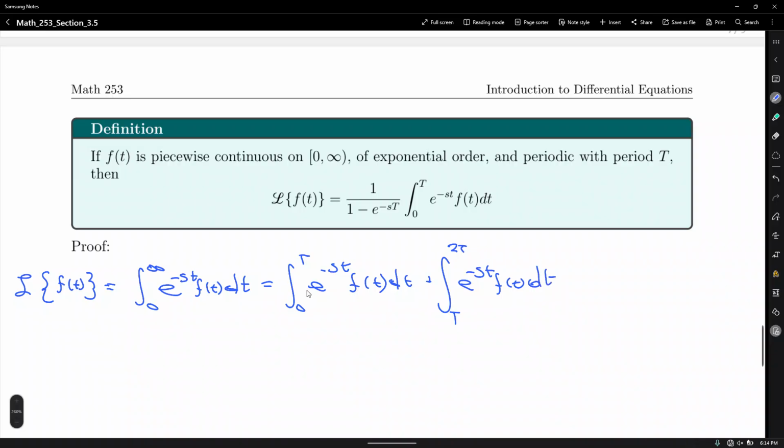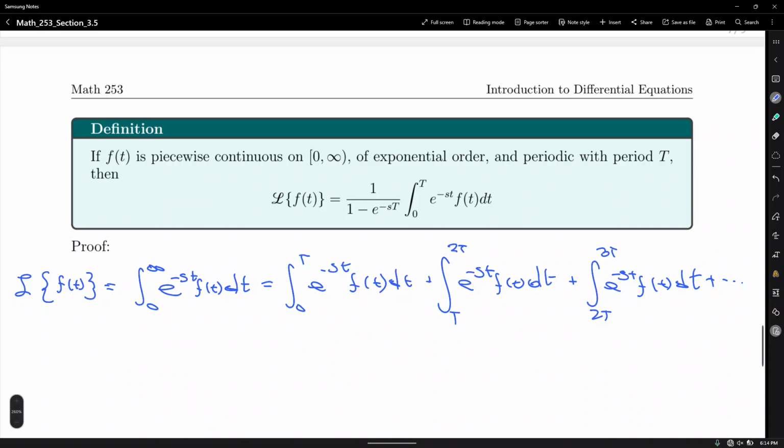And let me do just one more. Third stop from 2T to 3T of e to the negative st f of t dt, plus infinitely many terms, all right? Because we're going all the way to infinity.